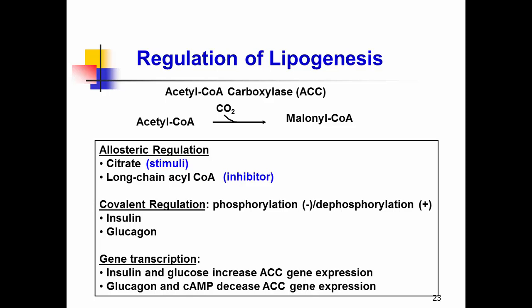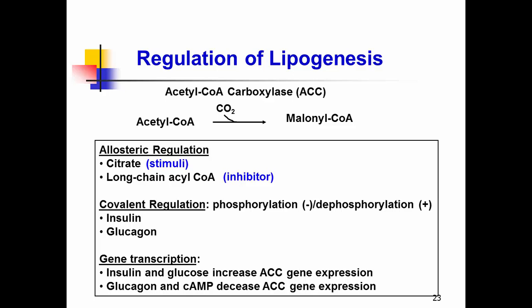So increased citrate can stimulate lipogenesis, right? Citrate is moved out to the cytosol by which system? The shuttle system, remember? The citrate shuttle moves citrate out of the mitochondria to the cytosol for lipogenesis. So citrate is a strong stimulator of lipogenesis.